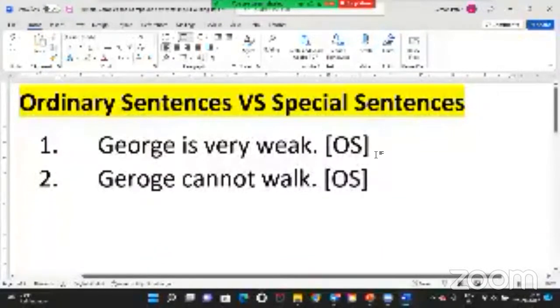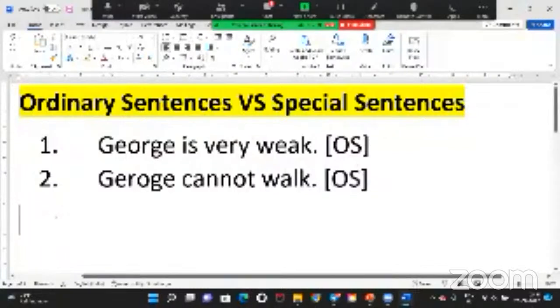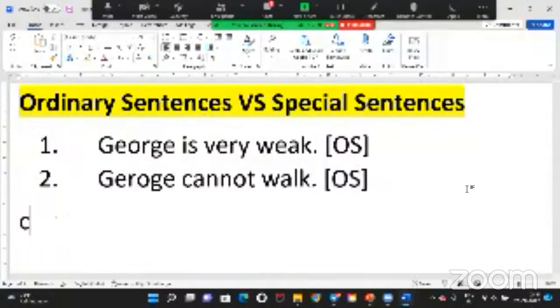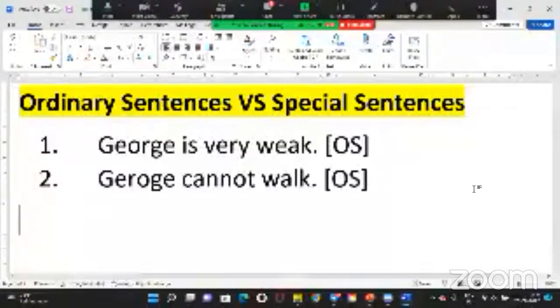Now these ordinary sentences can be converted or combined. This is called conjugation of sentences or synthesis of sentences. Conjugation means joining two sentences.